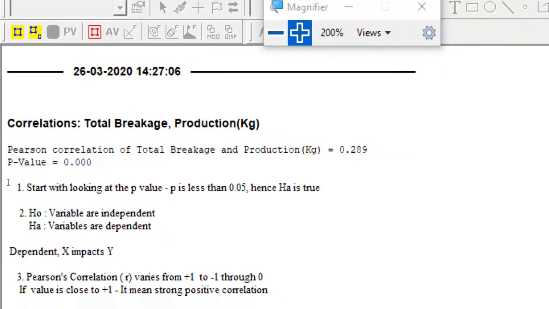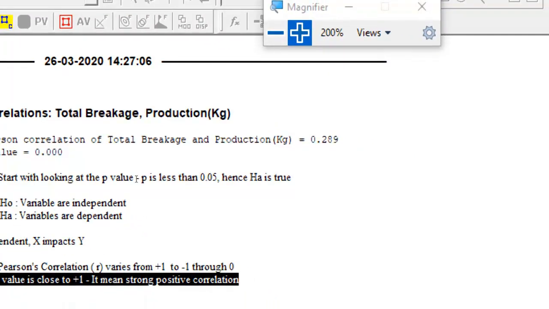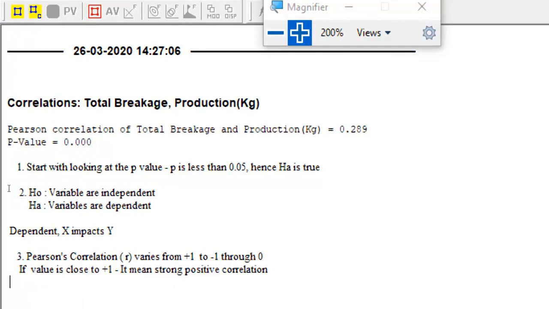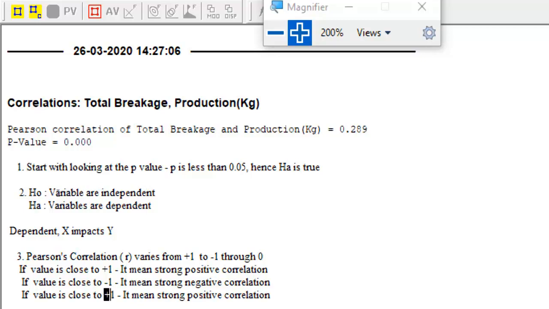If the value is close to -1, it means strong negative correlation. If the value is close to 0, it means no correlation.